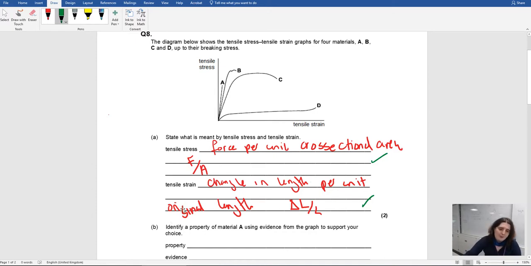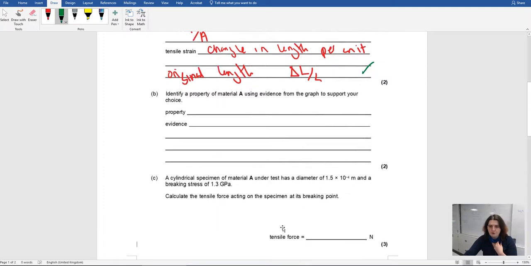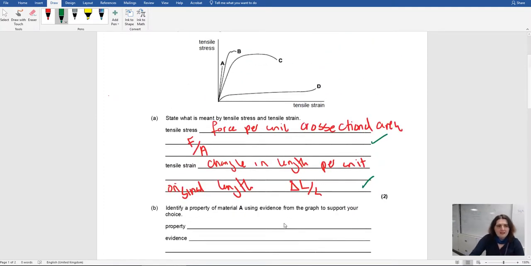So identify the property of material A. What property is material A showing, using evidence to support your choice? So for material A, identifying the property, it is brittle.